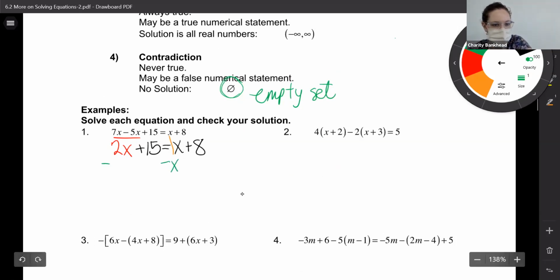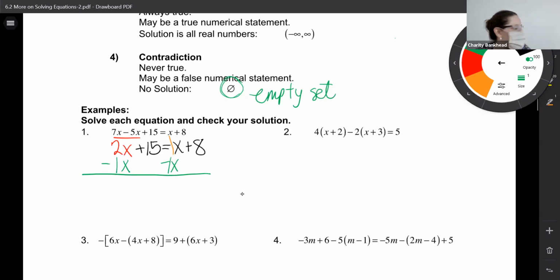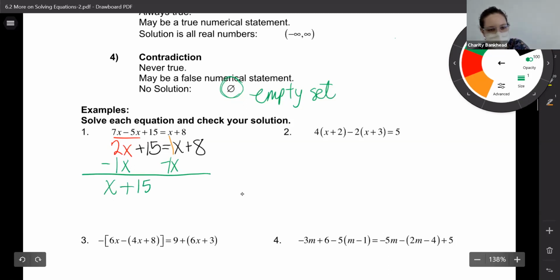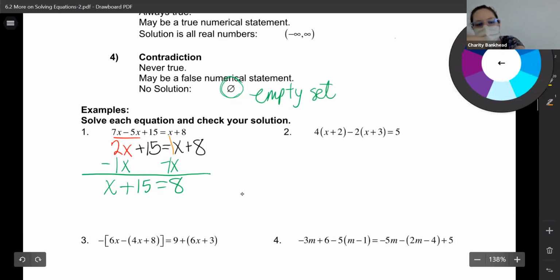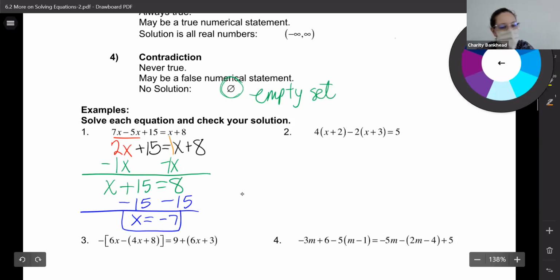So I'm going to subtract 1x from both sides. So 2x minus 1x equals 1x, or in other words, just x. And I'll bring the rest down. So it's x plus 15 equals 8. And then I just need to subtract 15 from both sides. And that gives me x equals -7. All right, so that is another conditional equation.